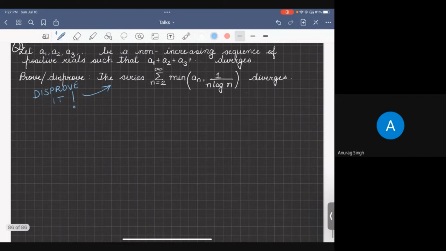So now the task is to find one such non-increasing sequence of positive reals such that the sum of the an diverges, but this min converges. So let me just write that down meanwhile.